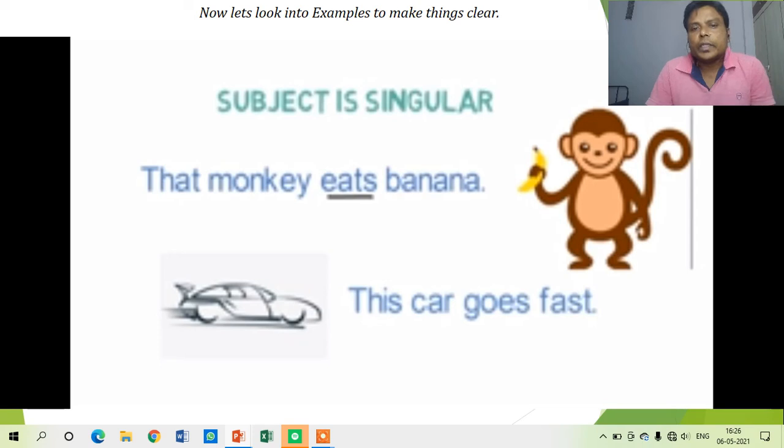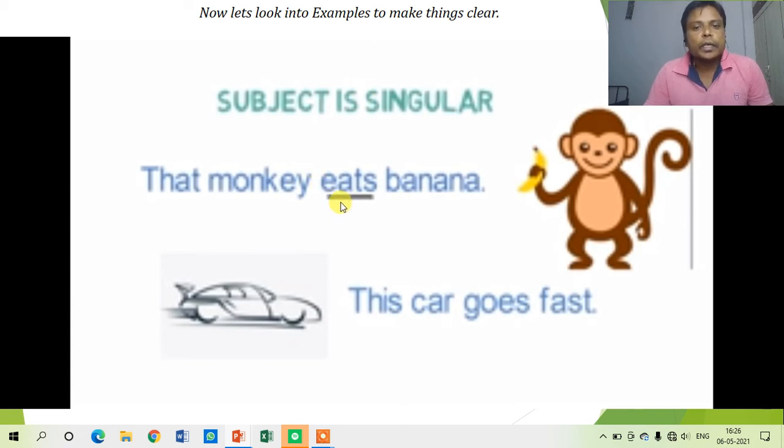When the subject is singular, let us take the example: That monkey eats banana. Here there is a picture of a single monkey, so the monkey is singular. Here the monkey is the subject. We have identified that the performer is the monkey. And as the monkey is the subject, the word we have used as verb is eats.